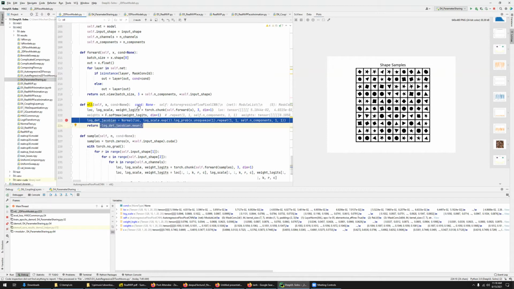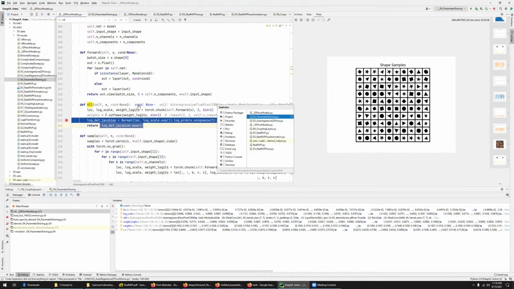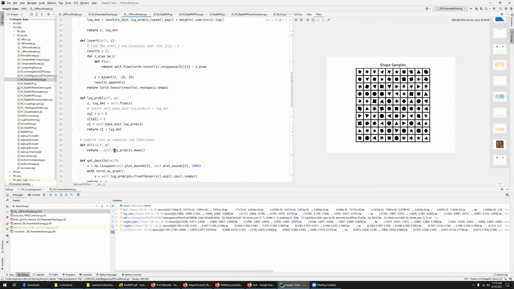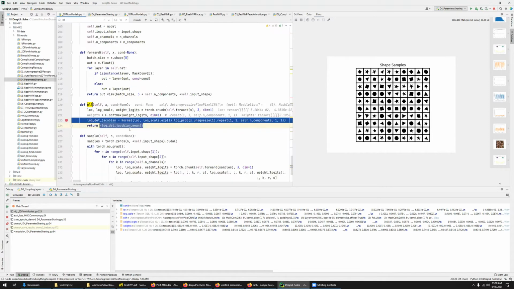Previously we had, let's see if I can go back here, you send X, and then the log probability was Z1 plus the log determinant of it, right? So here the weights are completely ignored. Just don't bother with the weights, and just the log determinant is used for the error.